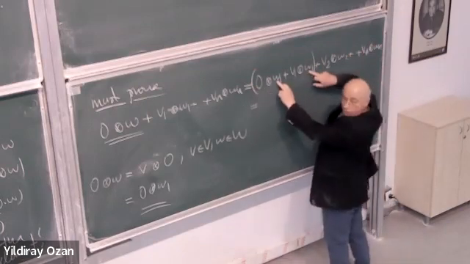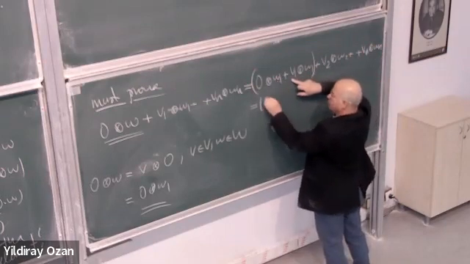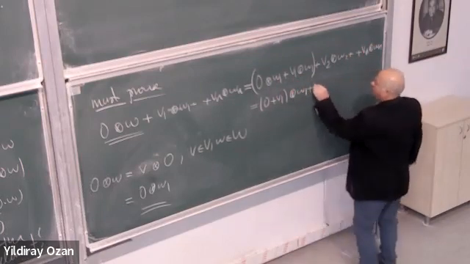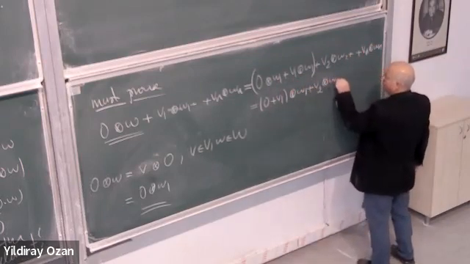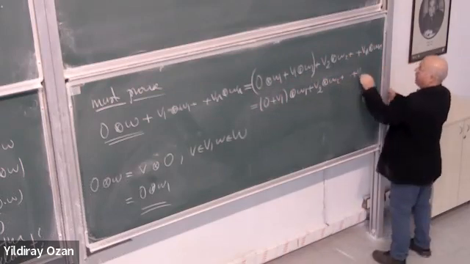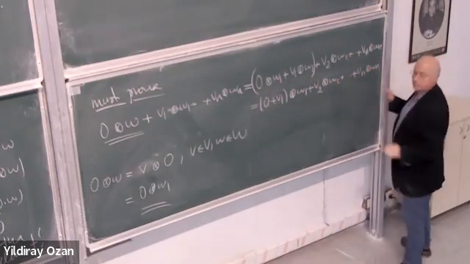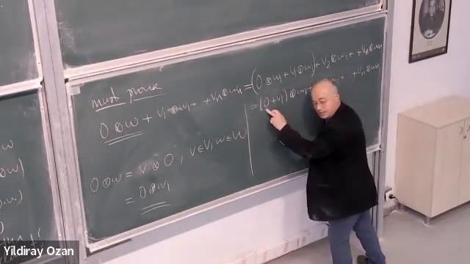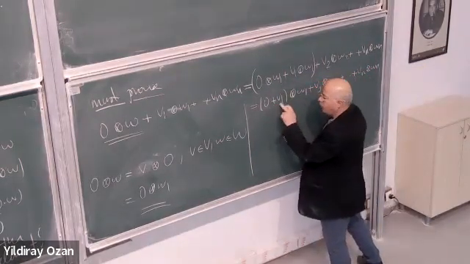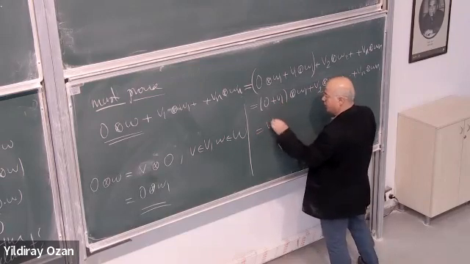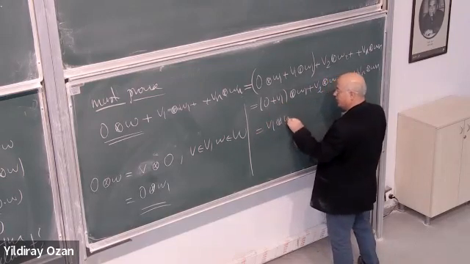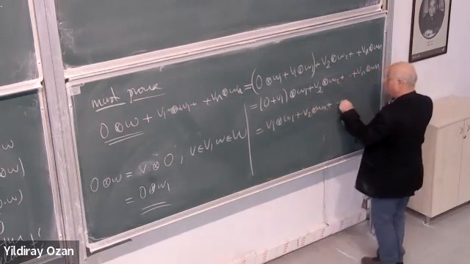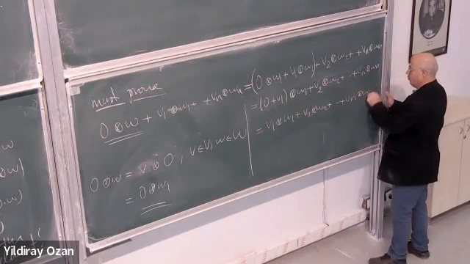These are both W1, so I can write this as 0 plus V1 tensor W1, V2 tensor W2, up to Vn tensor Wn. But in this vector space, this is really the 0 element of the vector space. So this is just V1 tensor W1, V2 tensor W2, up to Vn tensor Wn.